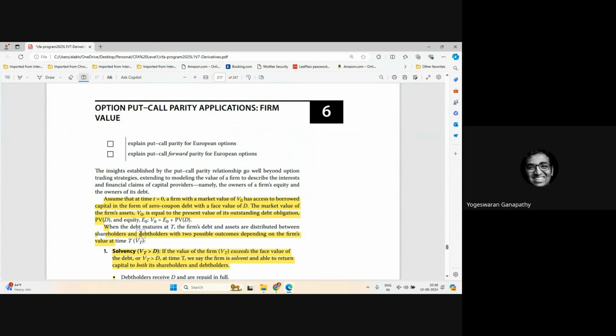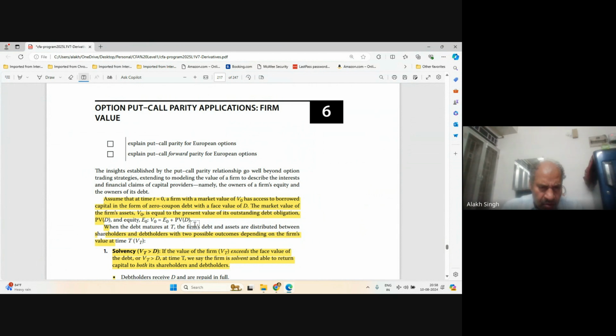Why are we adding the debt, sir? Should it not be subtracted? No, you have to add. Do you know why this debt is valuable? In accounting, liabilities plus stockholders' equity is equal to total assets.